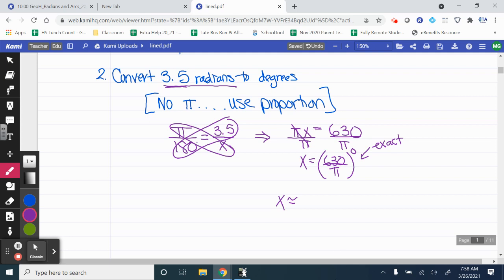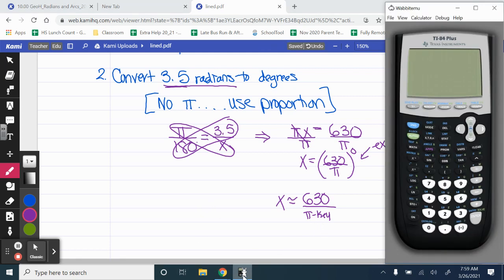Here's where it can sometimes get a little confusing, because we just said pi radians is equal to 180 degrees. In number one, you could sub in 180 for pi. Here, we cannot sub in 180 degrees for pi because we're not in radians here. We're already in degrees, so we're not saying that pi radians is equal to 180 degrees. This is just pi. So to put this in your calculator, you're going to do 630 divided by the pi key, not 180 degrees.